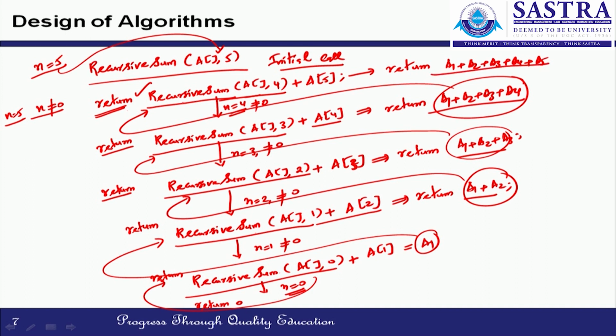So have a look at this expression. In recursive sum a array comma 4, the value to be returned is a1 plus a2 plus a3 plus a4, and the value a5 is added, and finally the entire expression is evaluated and returned to the calling place.